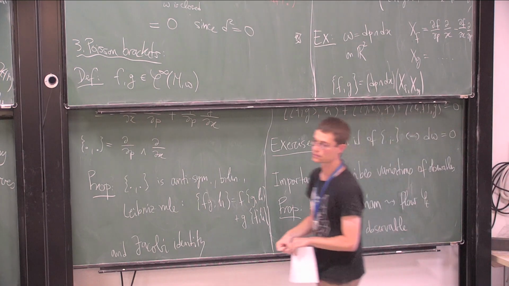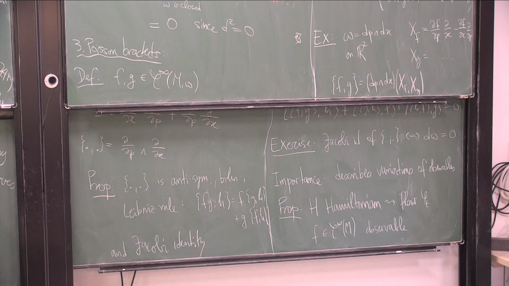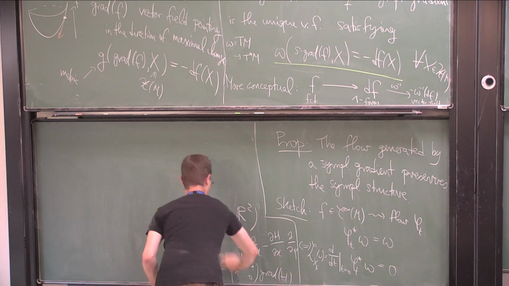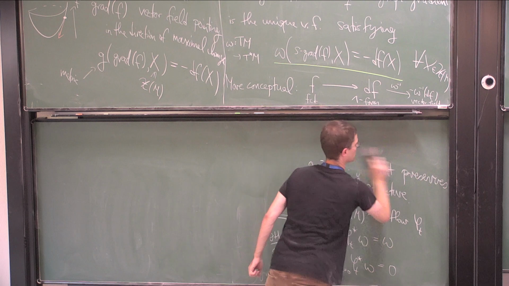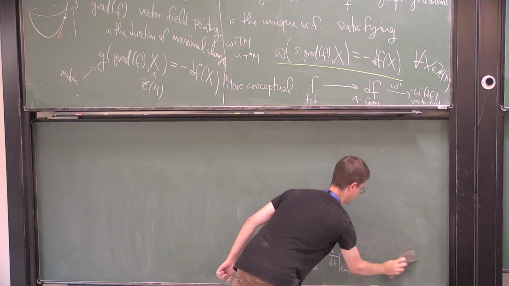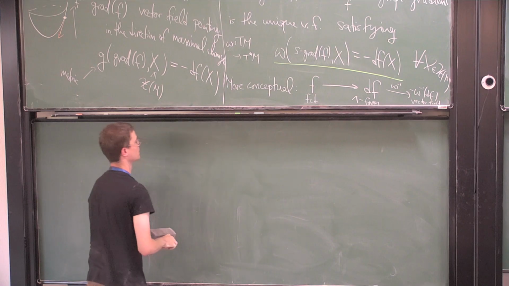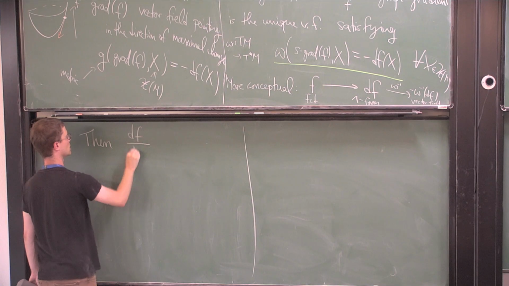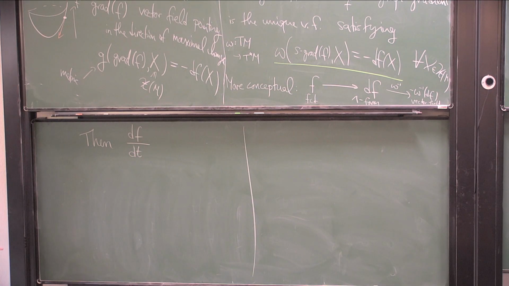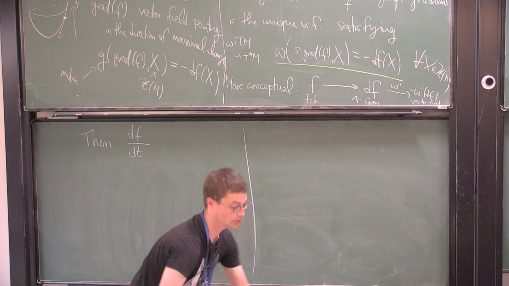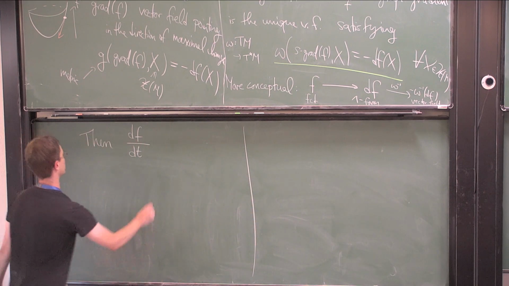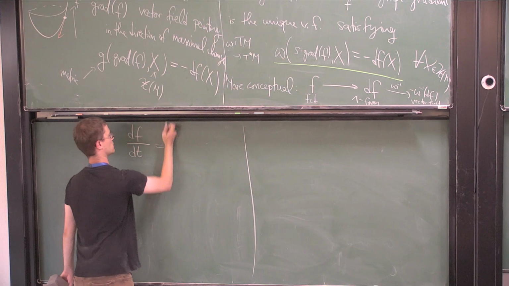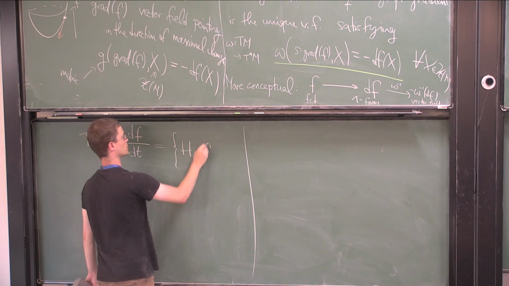And then you want to understand the time derivative of f. Time meaning that you flow along the flow given by this Hamiltonian, and this is given by the Poisson bracket of the Hamiltonian with your function.